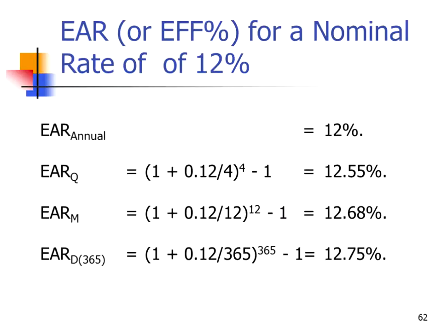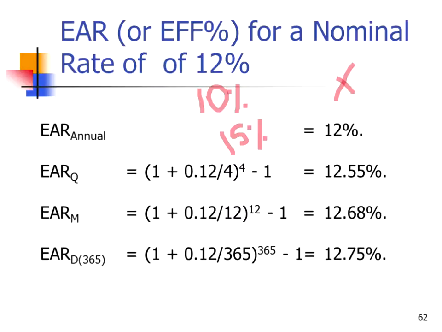So again, just to demonstrate from various aspects, the effective annual rate for a nominal rate of 12% has been done annual, quarterly, monthly, and 365. I'll let you try this as a homework assignment for 12%, 10%, and 15%.